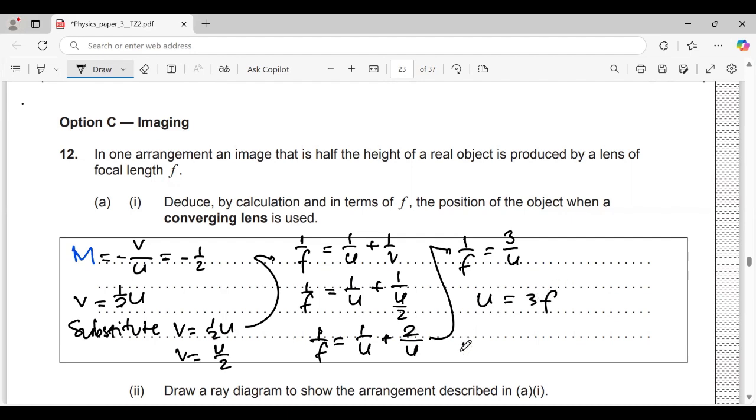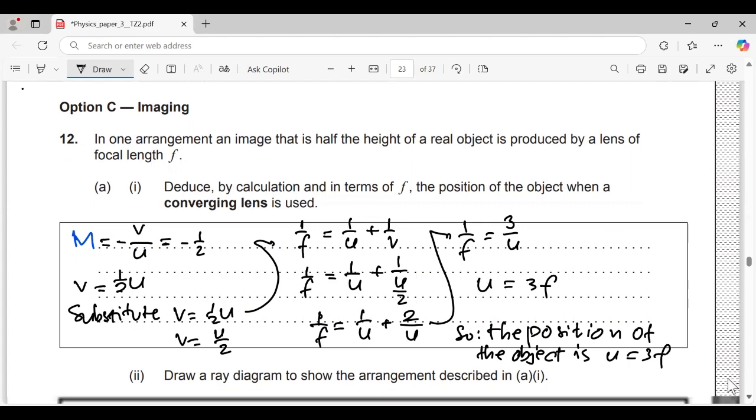So the position of the object is u equal 3f, 3 times the focal length.